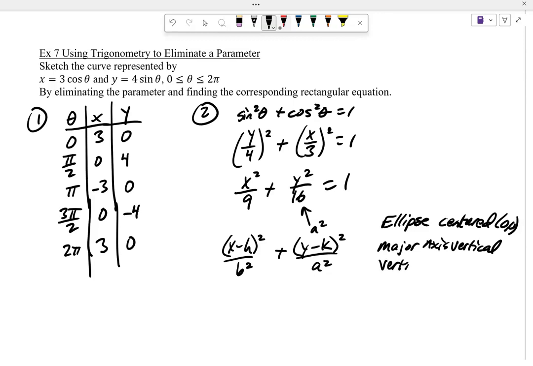So the vertices, distance from 0, 0, will go up 4 and down 4. And then the co-vertices would be from the B. B squared is 9, right? So B is 3. So it'd be plus or minus 3, 0 on those co-vertices.